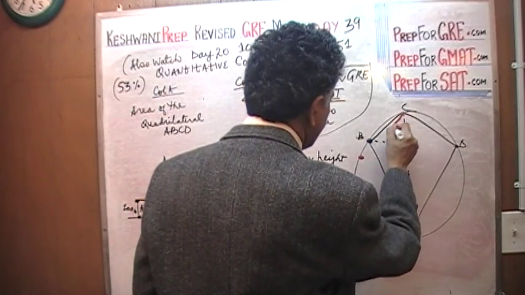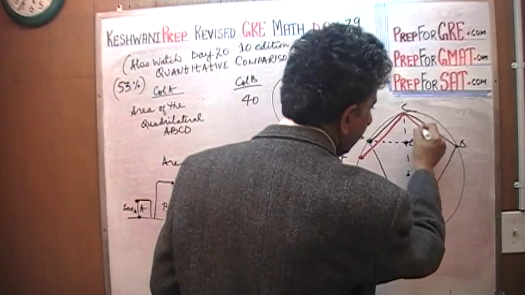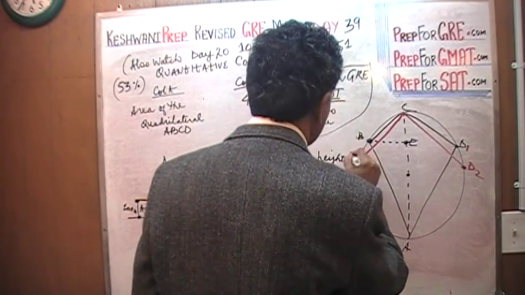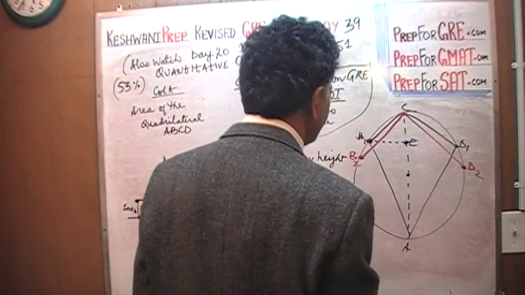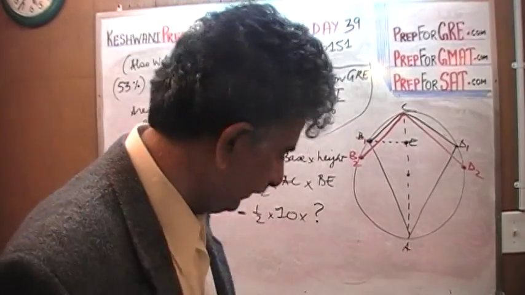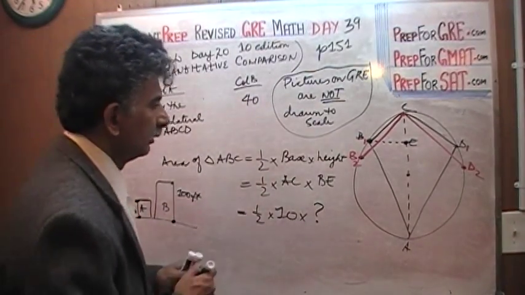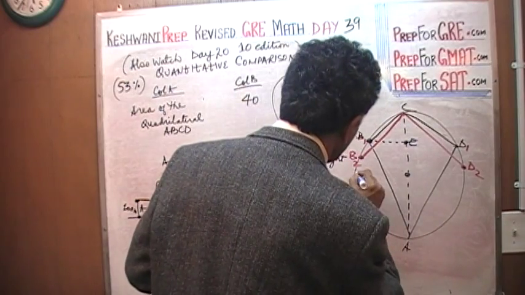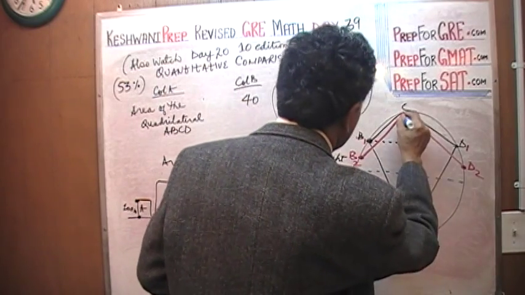B could have been located here, like this. Let's call it D1 and D2, and B1 and B2. Or they could have been located here. Let's see if I can find a different color, a blue color. This is your center here, from here to here.